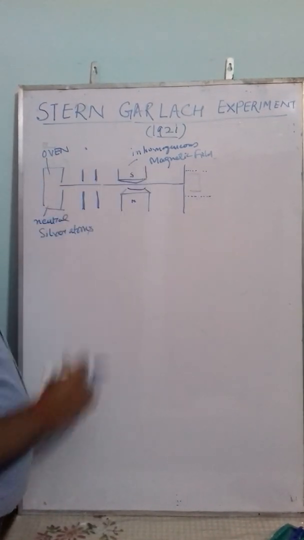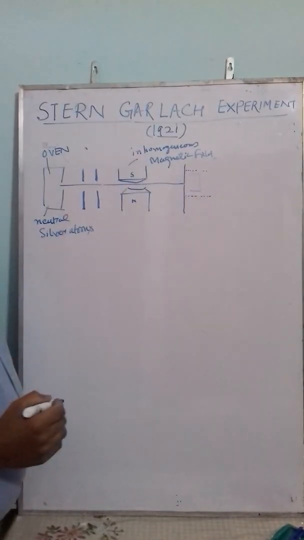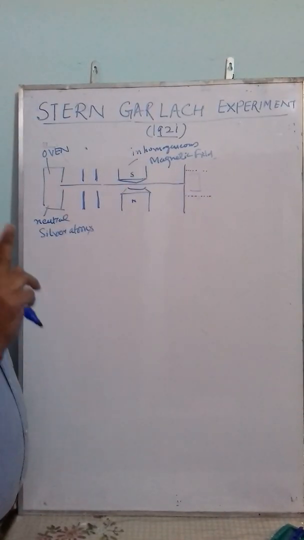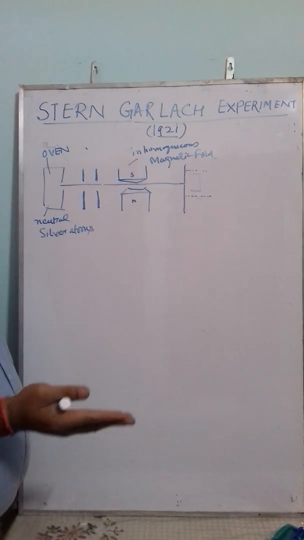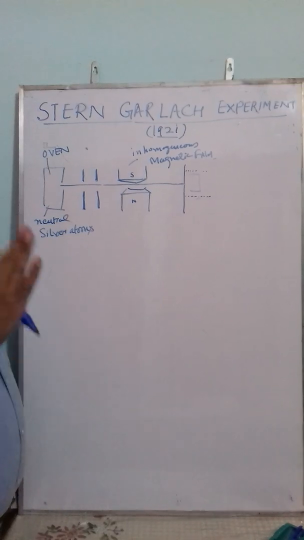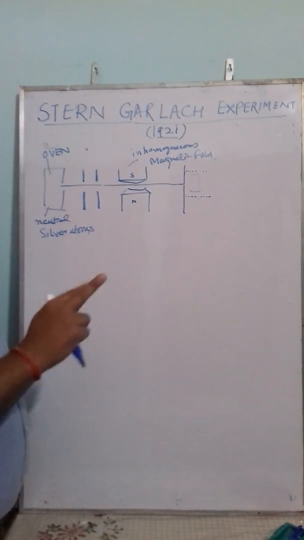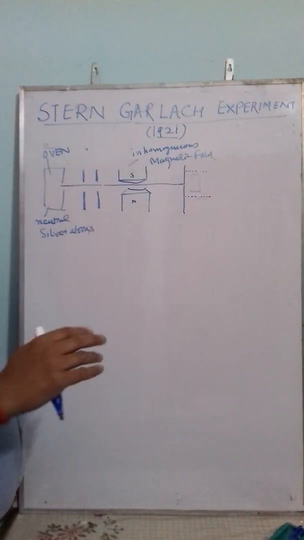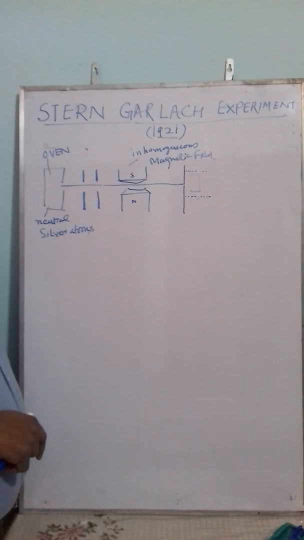Here we would have got a band, but we are getting only two discrete traces, which shows that there are two possible orientations of each magnet. That is, the neutral atom, which behaves like a magnet, has only two orientations: one is clockwise, the other is anti-clockwise.